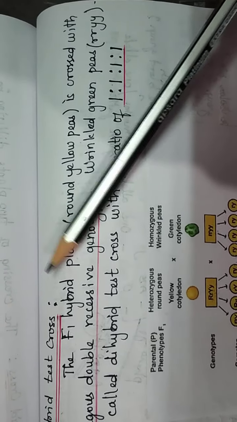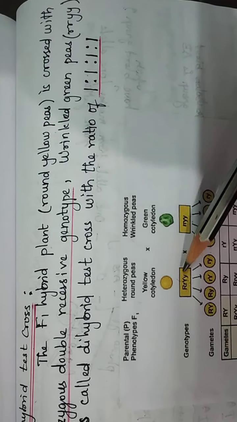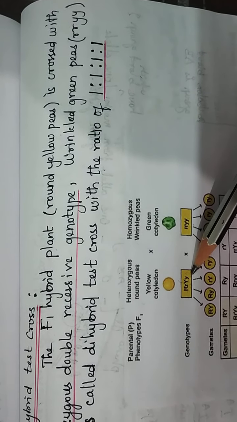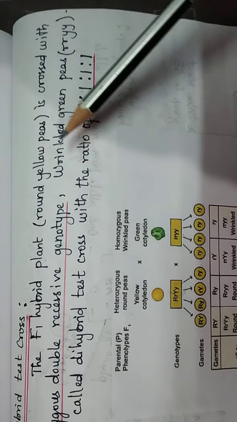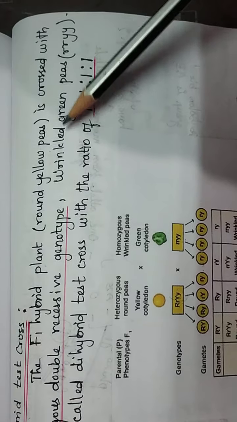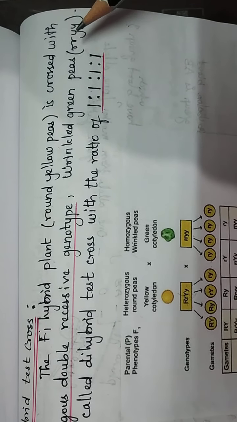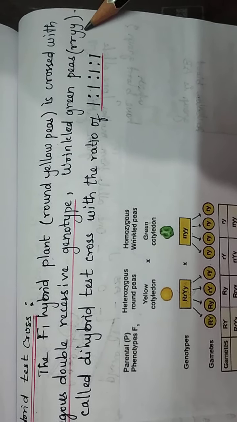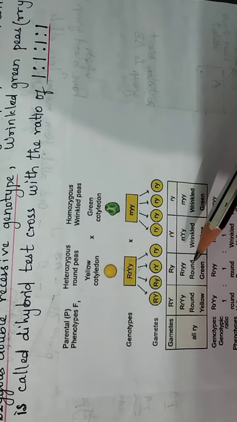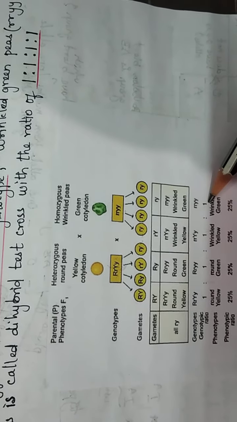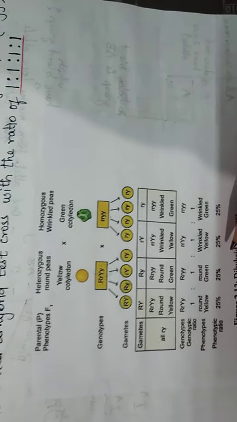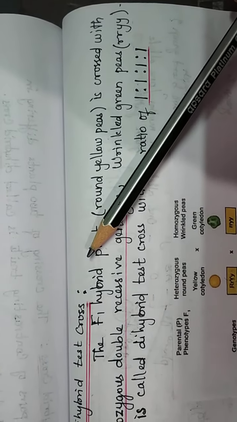When the F1 hybrid is crossed with the recessive parent, that is wrinkled green, small r small y, the ratio obtained is 1:1:1:1, with 25% of each character. This we call the dihybrid test cross.